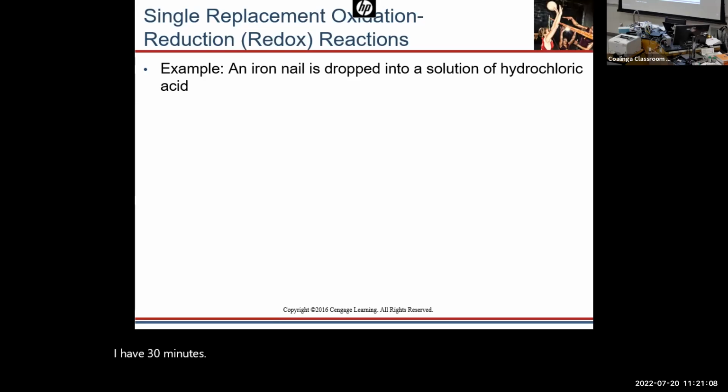There's an iron nail dropped into the solution, which is hydrochloric acid. So is it a solid? It would be HCl. Anything that we don't cover, we don't get to.